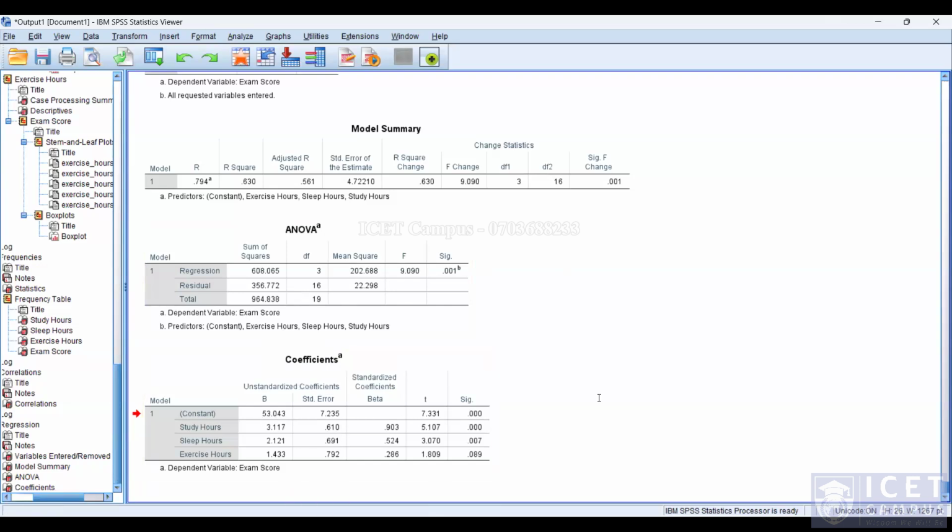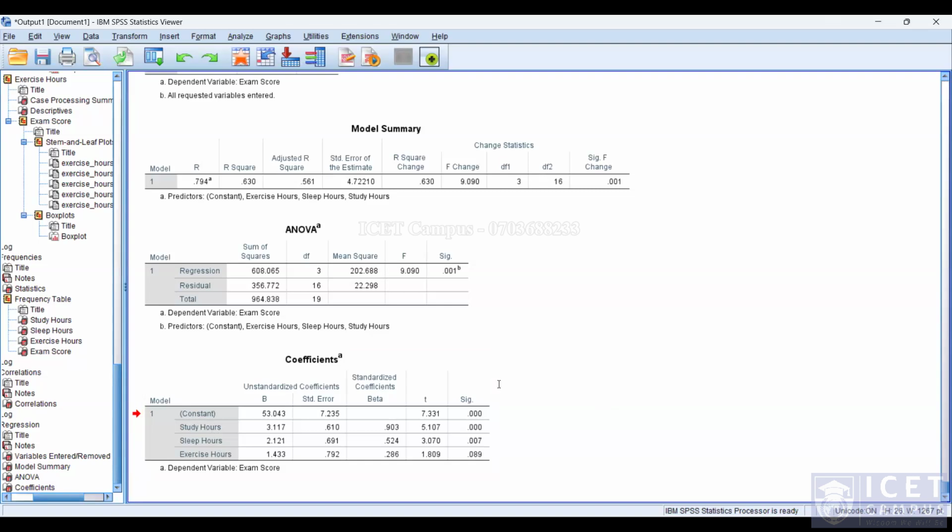Then the constant is 53.043 plus 3.117 times study hours. Plus the next one.